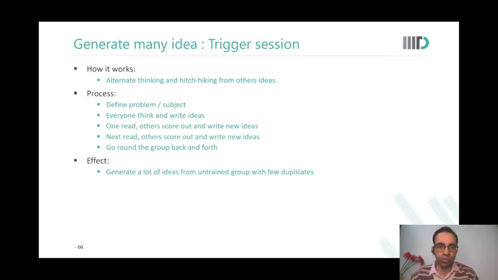Something like technology for social good. As many ways which you can apply AI for social good. That is the problem statement each one of the breakout rooms, each one of the teams has to solve. Now there are 2 techniques. The first technique is trigger session, which all those rooms will use which have more than 6 people.